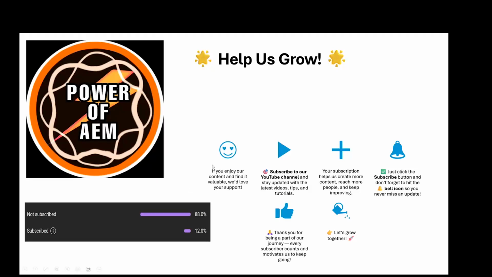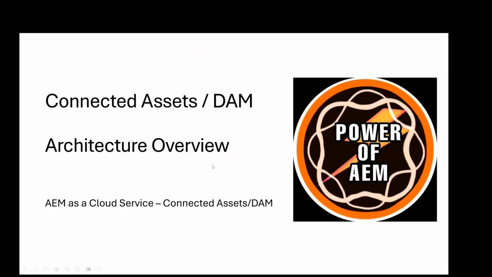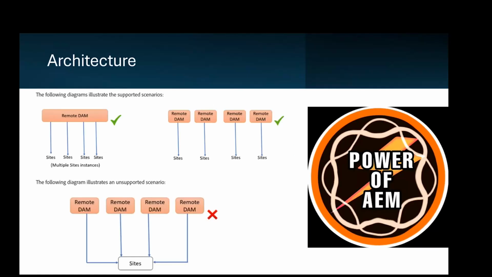Thank you, everyone. Let's move on to our agenda and talk about the AEM connected asset architecture. Let's first talk about what you do not need to do in terms of architecture.